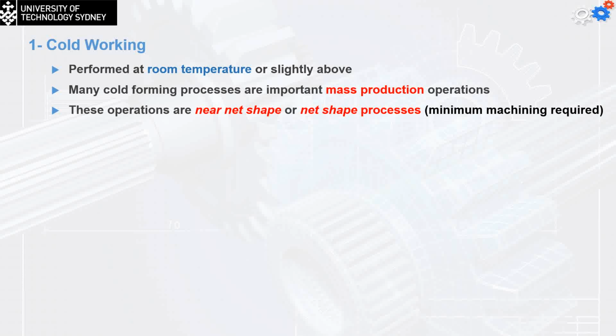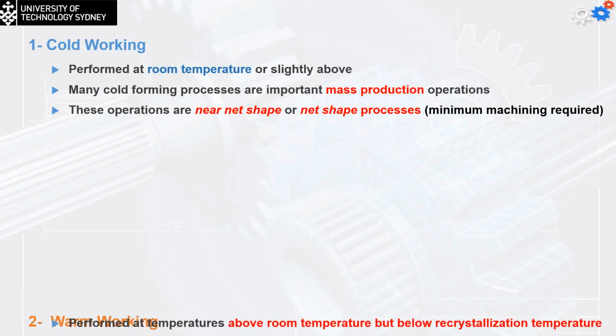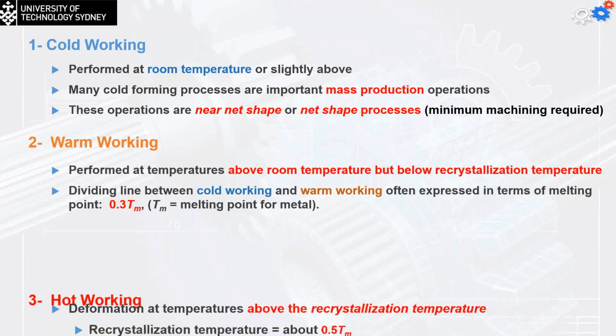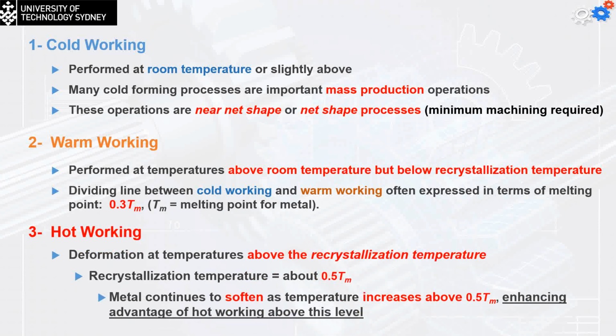Warm working is going to start at a temperature equal to 0.3 of the melting point. It is performed above room temperature, but below the recrystallization temperature. The dividing line between cold working and warm working is often expressed in terms of the melting point. So 0.3, one third of the melting temperature, is the temperature required to do the warm working. For hot working, we're going to work above the recrystallization temperature, and that's equal to half of the melting point temperature.